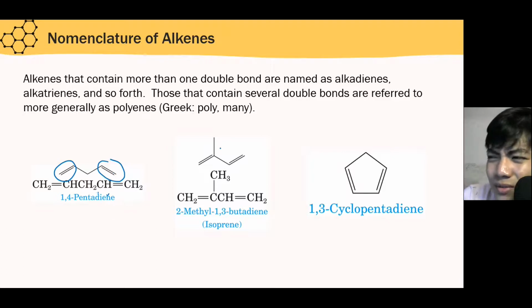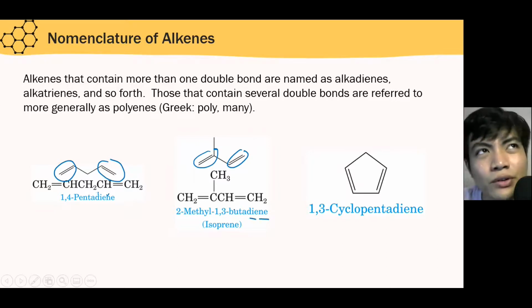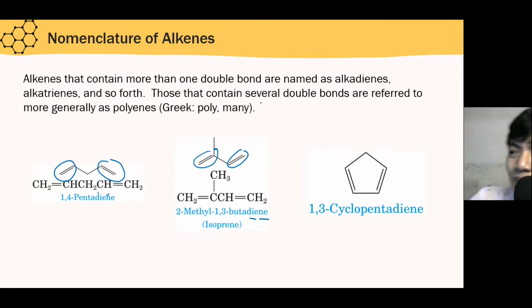So such as this one here. So you have two double bonds here. So that's why it is called diene. What if tatlo yung double bond? So tawag doon triene. Paano kapag apat, edi tetraene? Okay, so ganun. Okay, so yan.